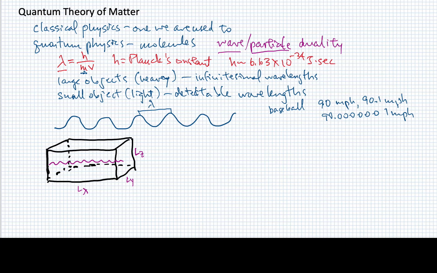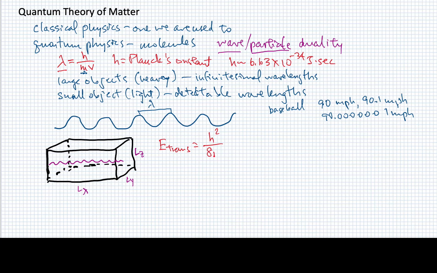Now, we're not going to work through the quantum mechanics here, but I will mention that the translational energy levels of this system, quantum mechanically, would look something like this. So I'm going to write E trans is equal to h squared, this is the same h, Planck's constant, over 8 times the mass of the particle, and it's going to be equal to an integer squared over the length in x squared, plus another integer squared over the length in y squared, plus a third integer squared over the length in z squared.